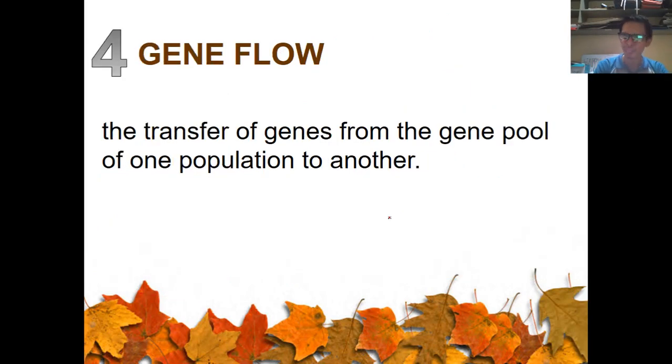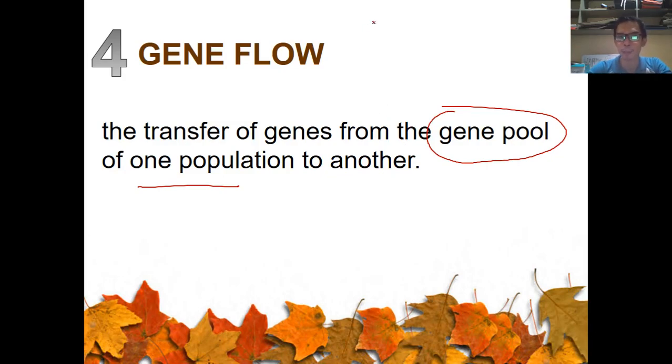That's the third one. Then the fourth one is gene flow. Gene flow is the transfer of genes from the gene pool of one population to another. A gene pool is the set of genes, or the variation of genes, that is present in a population.